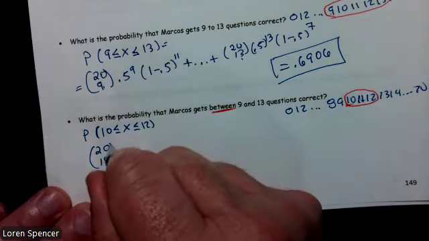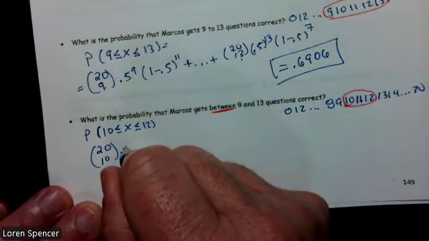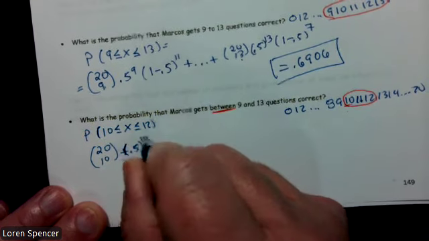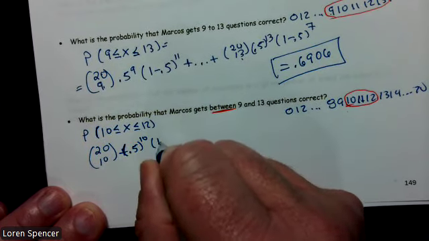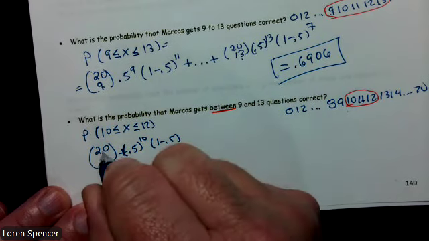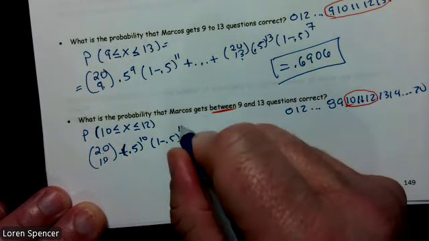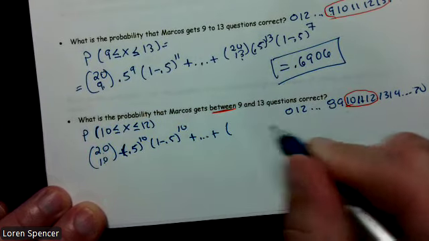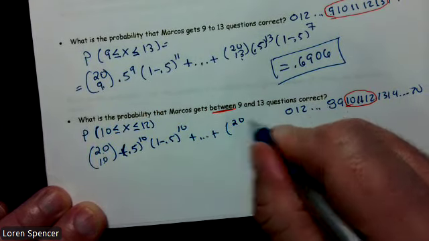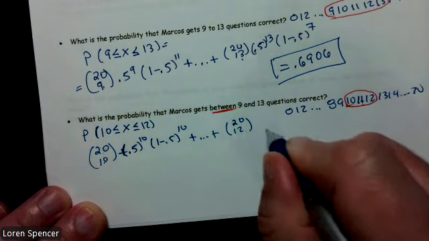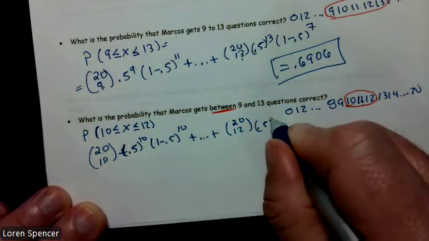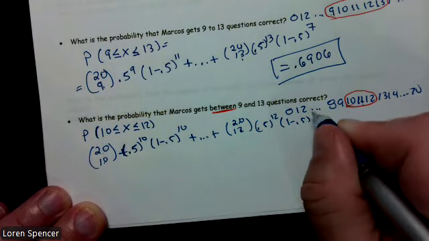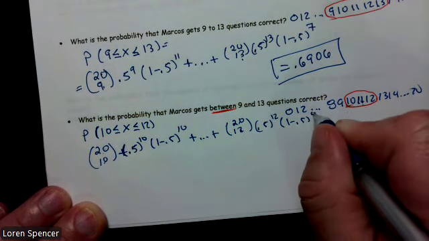That's my lowest thing that I circled. Plus, times 0.5 to the 10th power times 1 minus 0.5 to the 20 minus 10, which is also 10, plus dot dot dot, plus 20 choose 12. That's the highest value I circled, 0.5 to the 12th, and then 1 minus 0.5, and 20 minus 12 is 8.